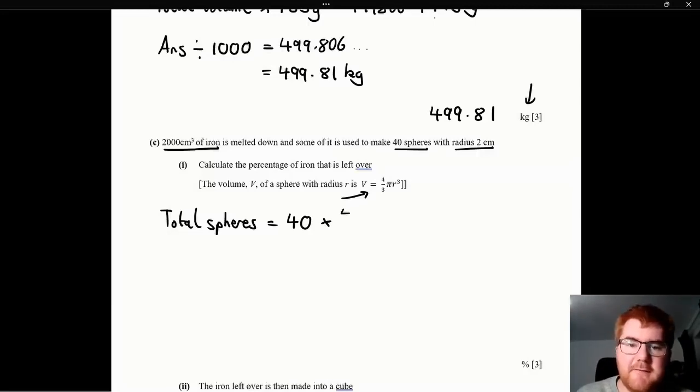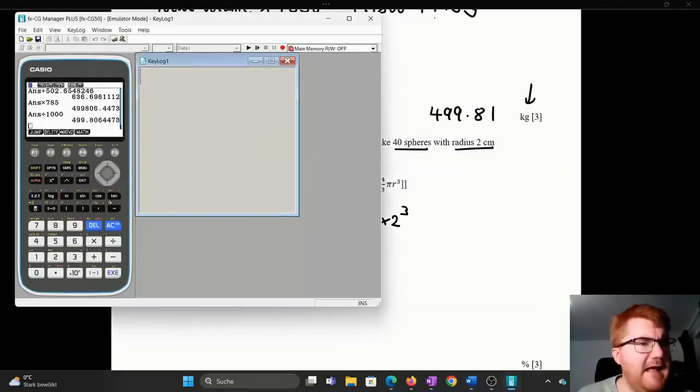Now, a sphere is going to be 4/3. Notice it's a sphere, not a hemisphere, times pi times 2 cubed. So we need to work out that volume first. Again, back to the calculator. Very heavily calculator question, this. So we have 40 times 4/3. So let's pop in the fraction first.